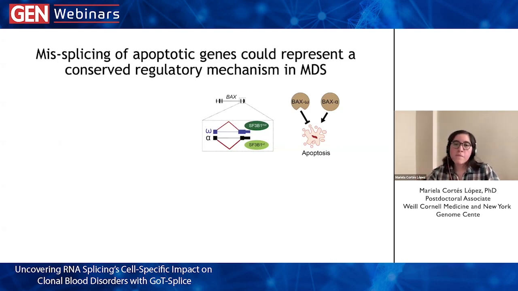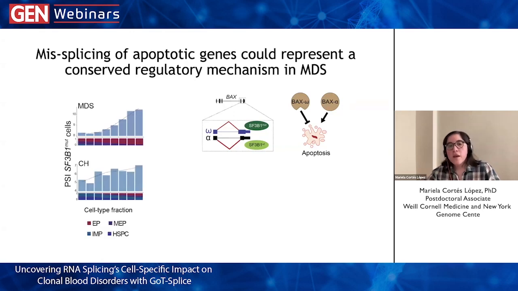So when BAX omega is generated, cells tend to avoid going to apoptosis. And we see an increase in the generation of BAX omega in relationship with the trajectory. Going further up the trajectory, we see more erythroprogenitors and a higher level of alternative splicing for BAX, generating more BAX omega.